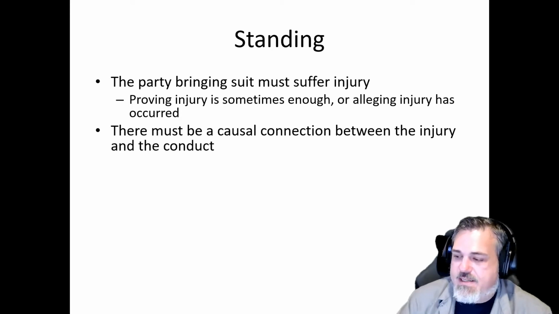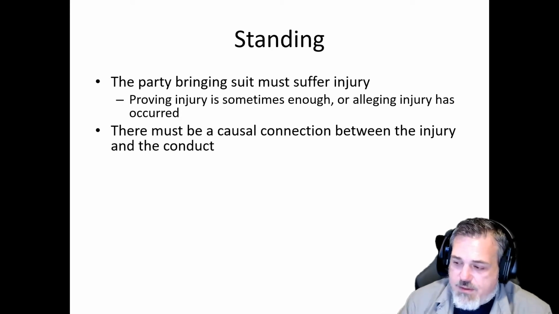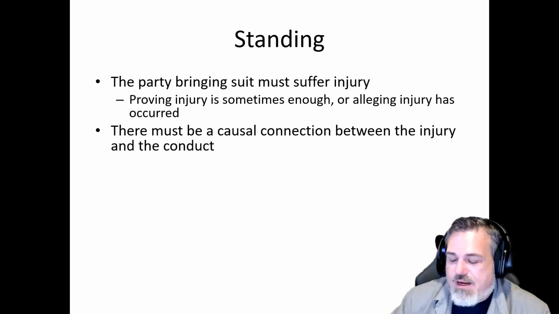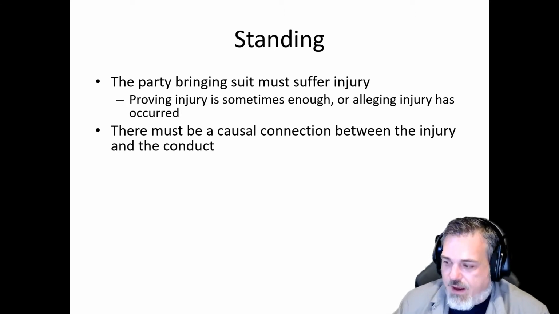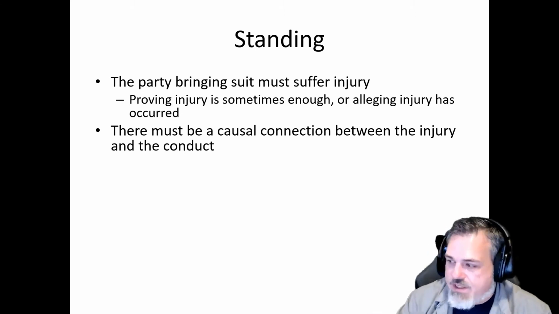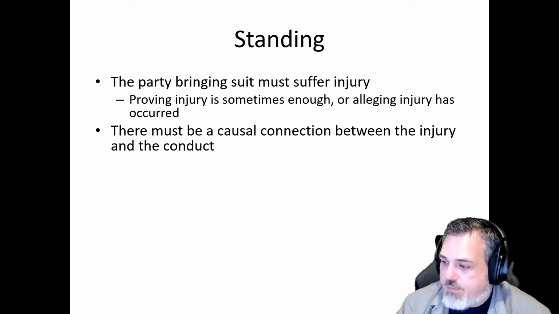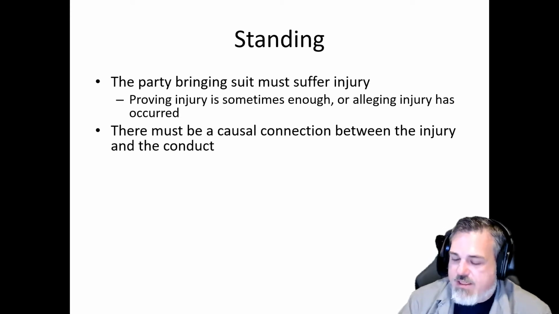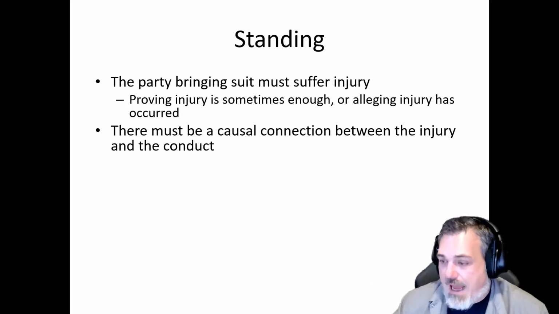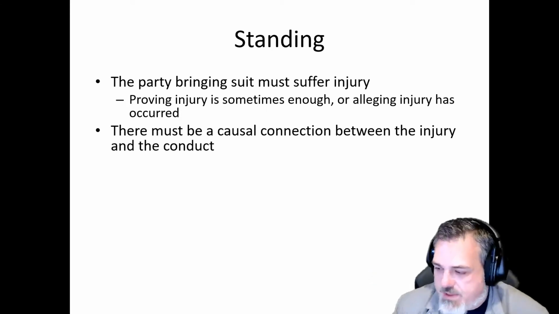So for example, in a slip and fall suit, you have to demonstrate that but for negligence on behalf of Walmart, you would not have slipped and broken your hip. So you have to demonstrate that there's a causal connection between their negligence or action and your actual substantive injury.